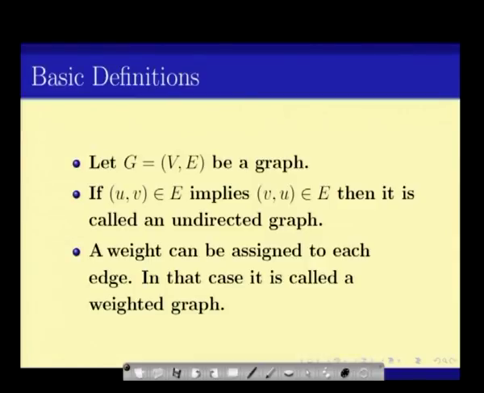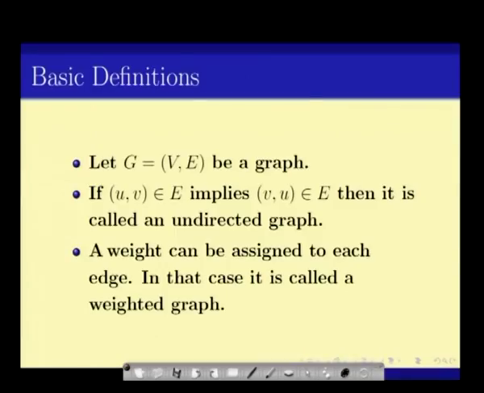For example, between point A and point B there exists an edge if there exists a road from A to B. We might also want to specify the length of the road, and that we can add as a weight of that edge from A to B. If a graph is given to us with weights on the edges, then we call it a weighted graph.